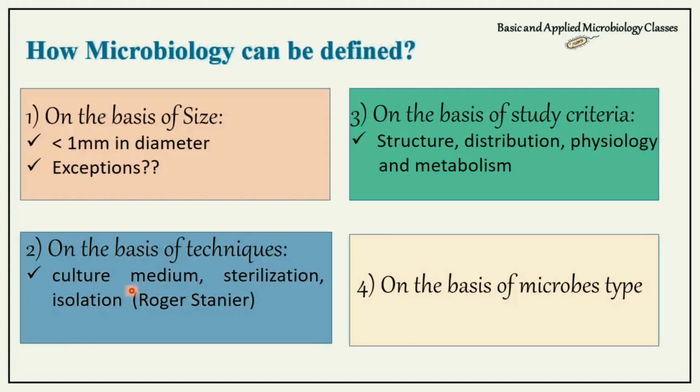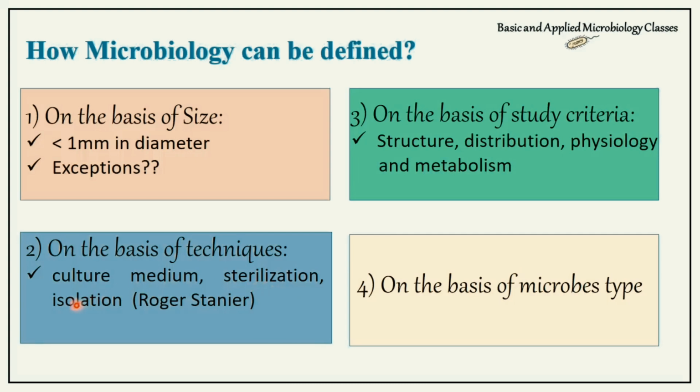Without culture medium, we cannot allow the growth of microorganisms. Without sterilization, we cannot ensure that the nutrient solution we are using is free from any other living organism. And isolation is separating out, from a mixed population, a particular type of bacteria or microbes in which we are actually interested. So this is on the basis of techniques.